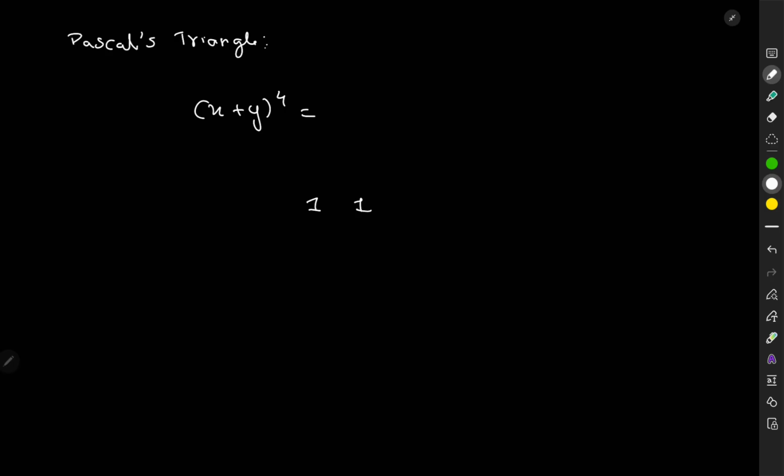Fine. So write 1 1, add these both and write the sum here. Similarly, write 1 1, add these and fill here. So 1 plus 2 is 3 and 2 plus 1 is 3. Fine. Similarly, add these, and write 1 1.